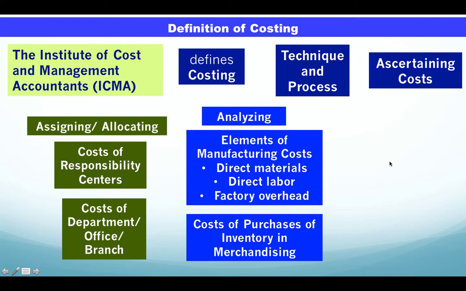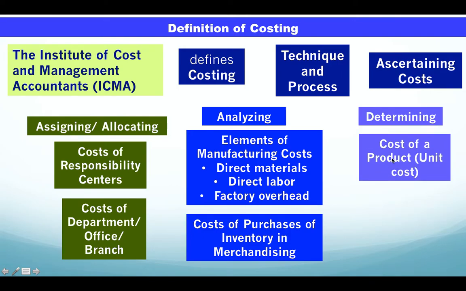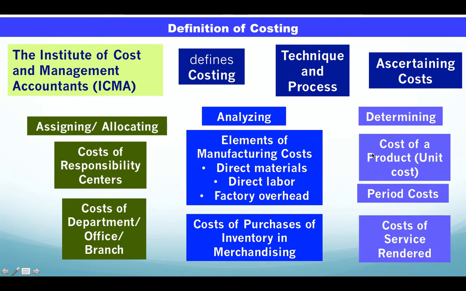Ascertaining of cost would also mean determining the cost of a product, in particular the unit cost of the product. And for period cost, we can also refer to ascertaining of costs regarding period cost. And for service business, we can also ascertain cost of service rendered to customers.